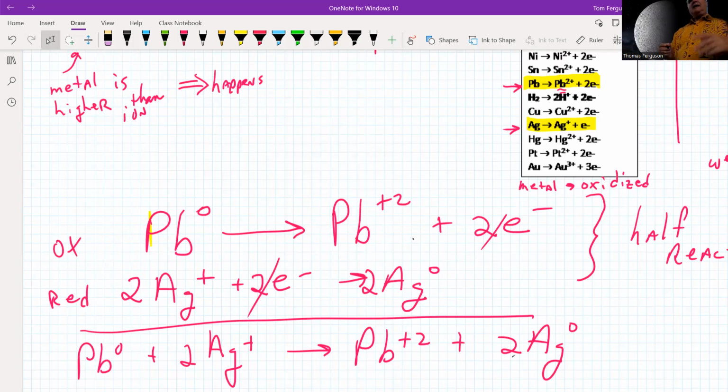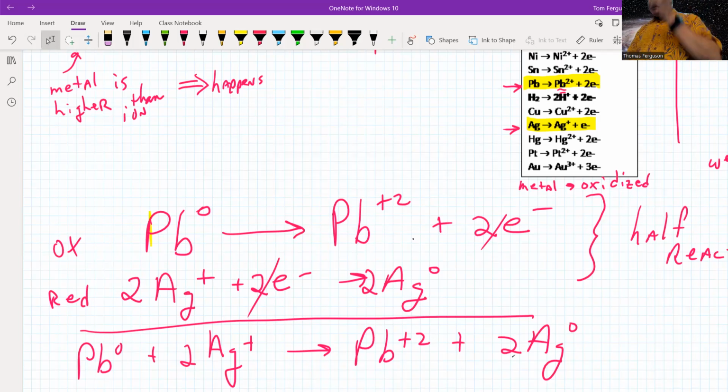Okay. And again, oxidation means we're losing electrons. That usually goes on top, doesn't have to. Normally people put oxidation on top. So we have the lead. For it to go to a +2, got to lose 2 electrons. Silver, to go from a silver +1 to a metal, requires 1 electron.